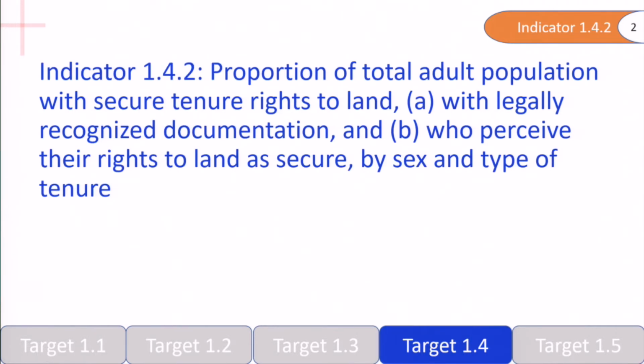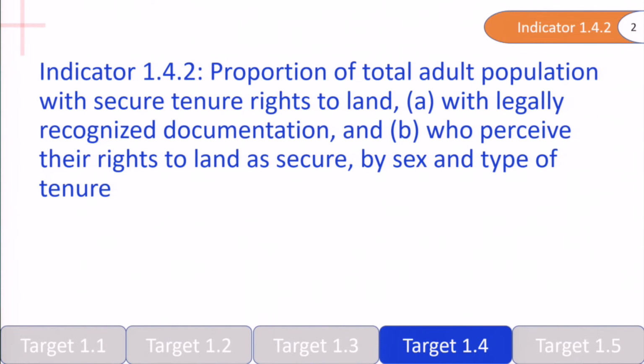The second indicator is 1.4.2, which is the proportion of total adult population with secure tenure rights to land with legally recognized documentation and who perceive their right to land as secure. Again, this is found by sex and by the type of tenure they have.